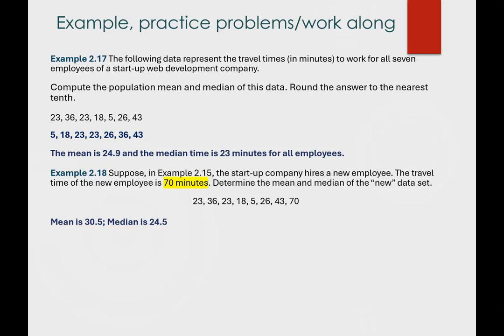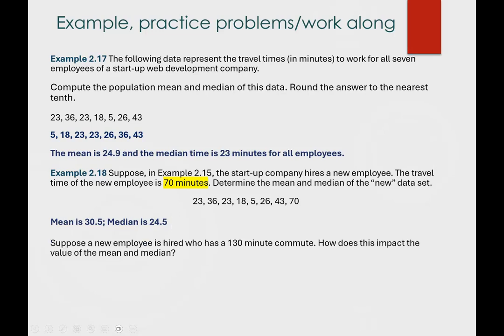Mean is 30.5, median is 24.5. See how the mean changed? It went up based on that high value. But the median, while it went up, it didn't go up a lot. It's just because we had that even number, so we would take the two middle values and average them.